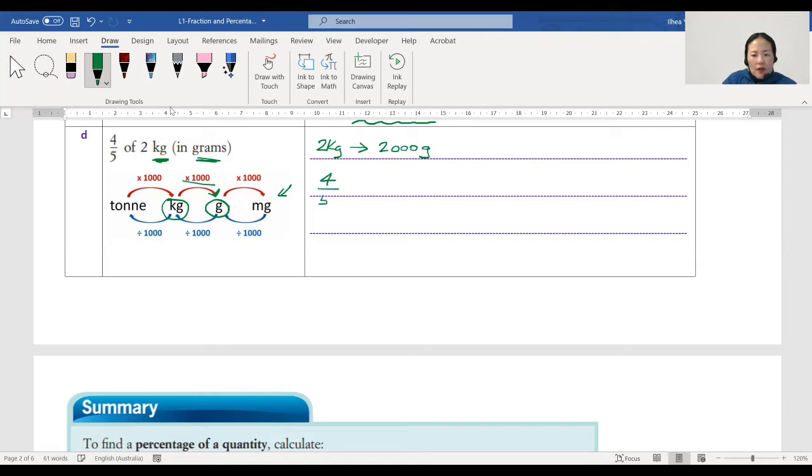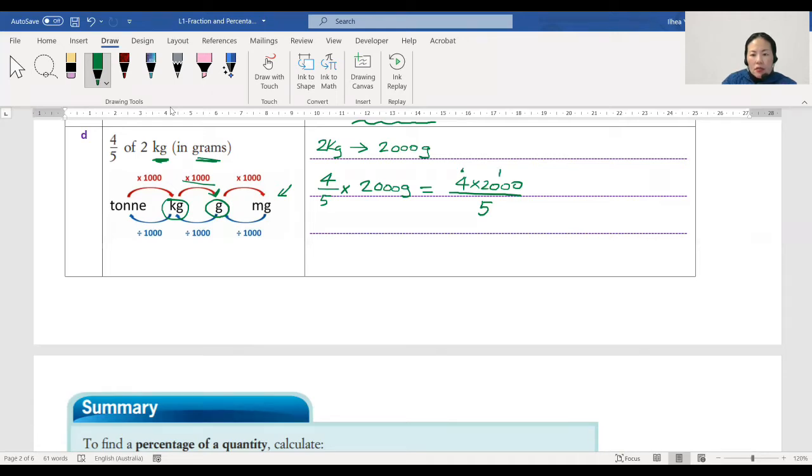So 4/5 times, instead of 2 kilograms, I'm going to write 2,000 grams. Then I'm going to put all that into 4 times 2,000 all over 5. Now, 4 and 5 we can't cancel, I can't simplify because they're not in the same family.